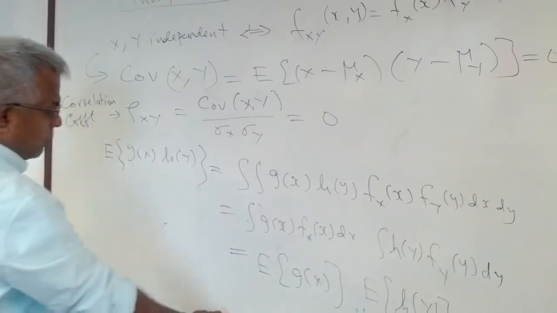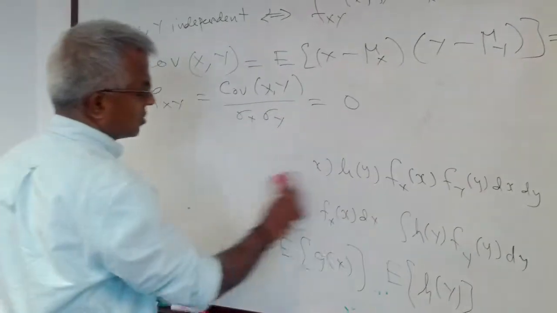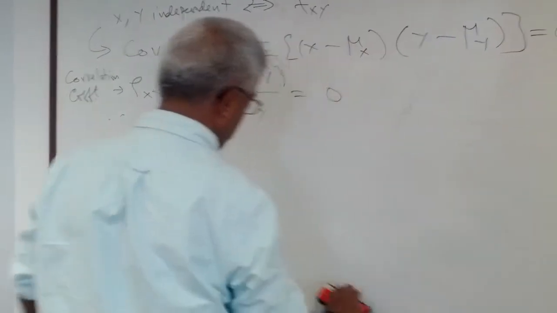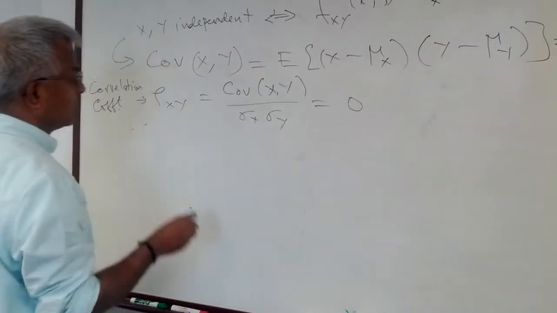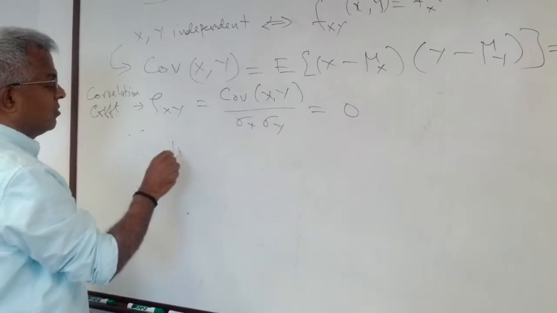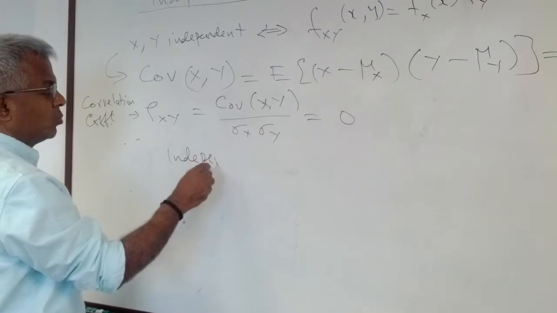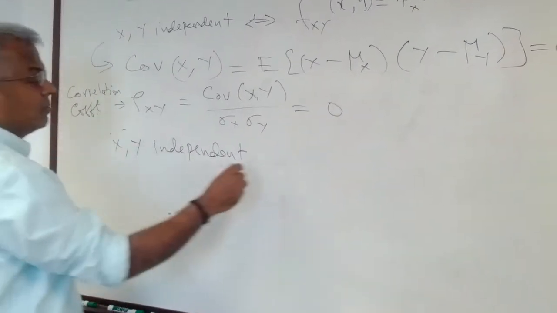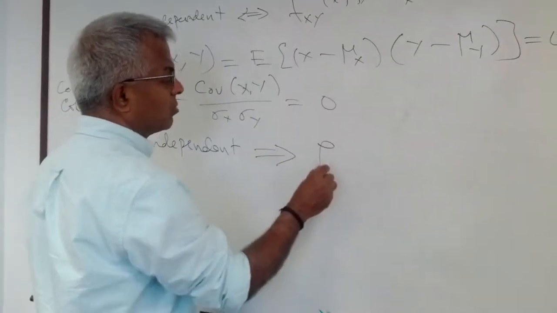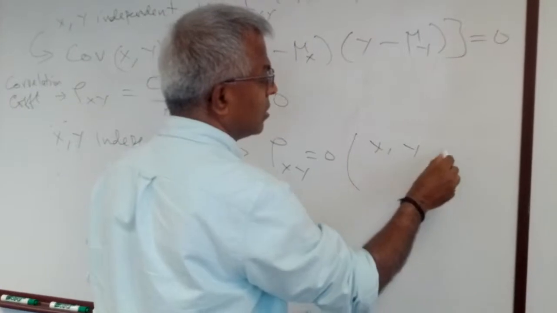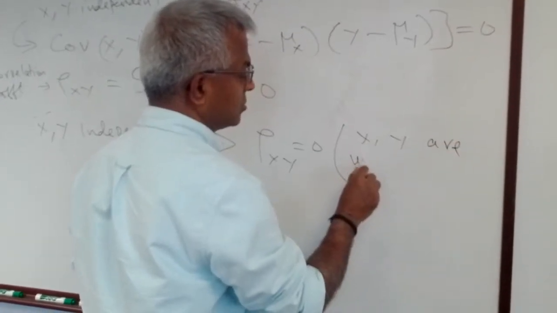We are just talking about the case where x and y are independent. What we have shown is that covariance is 0, so correlation is 0. So we can write that if x and y are independent, then their correlation coefficient is 0. So we call x and y uncorrelated random variables.